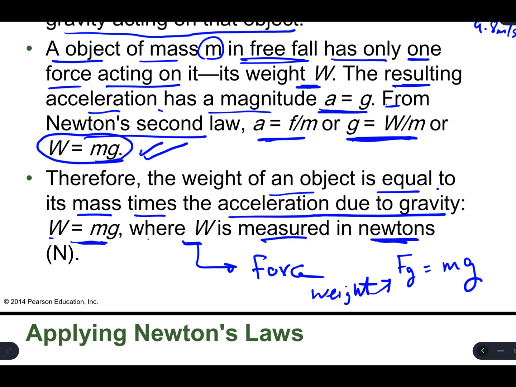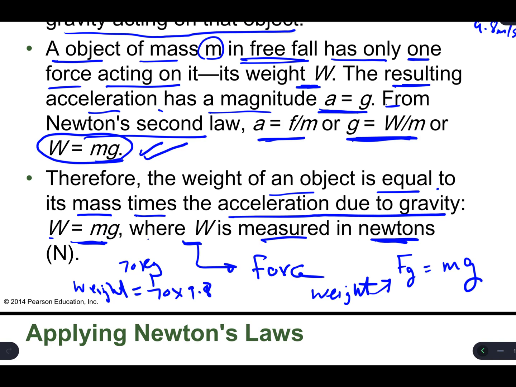This is what we call weight. So there is a big difference between mass and weight. When somebody asks you about your mass, you have to say your mass in kilogram. Imagine that my mass is 70 kilogram. What is my weight? My weight equal my mass 70 times 9.8.